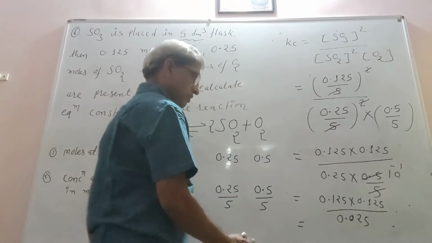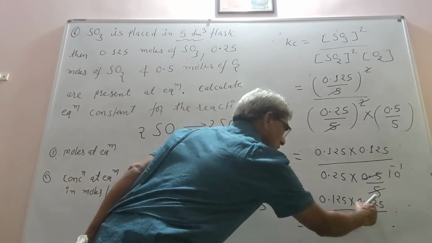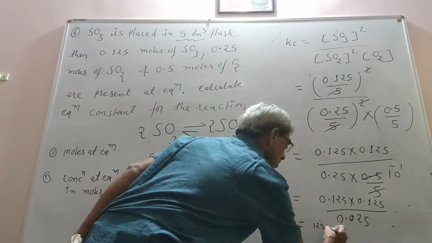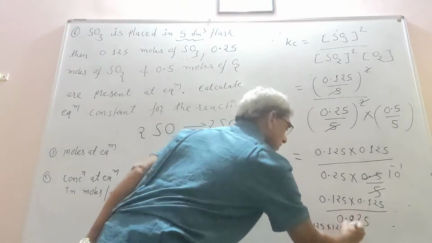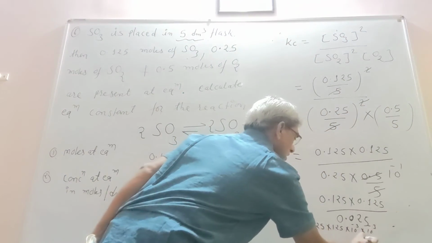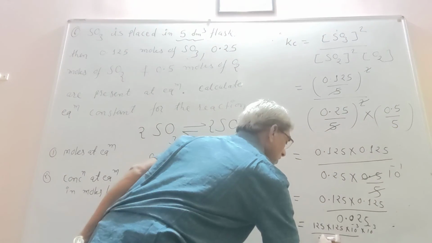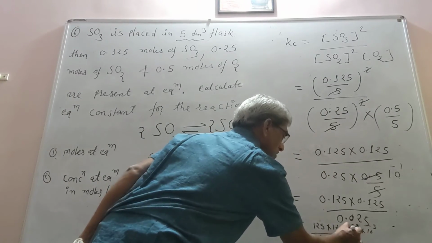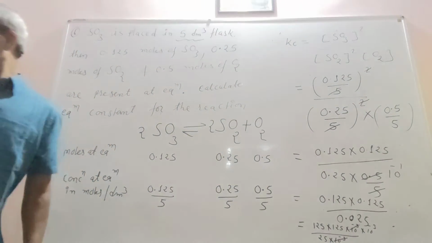After putting this in the equation, we can write here 125 into 125, here 10 raised to minus 3 into 10 raised to minus 3 upon 0.25, which means 25 into 10 raised to minus 3. This 10 raised to minus 3 and 10 raised to minus 3 get cancelled. And then square it.